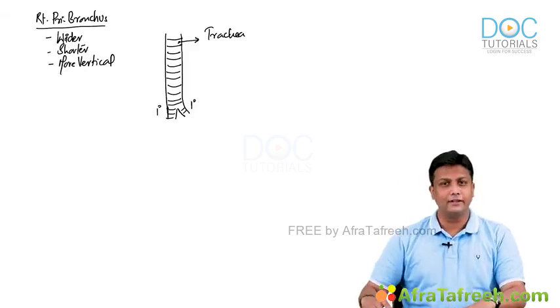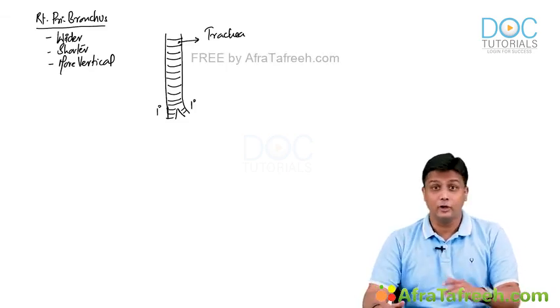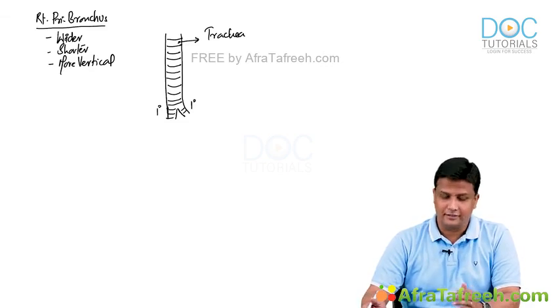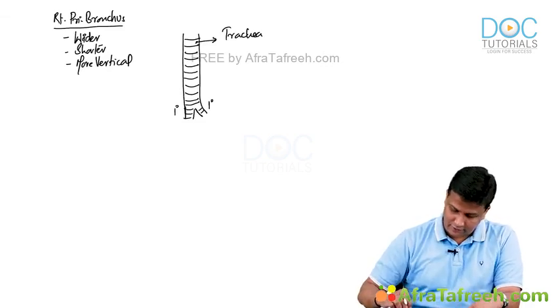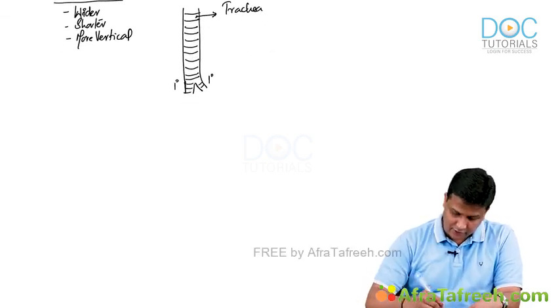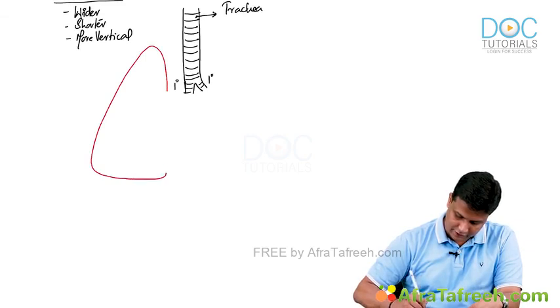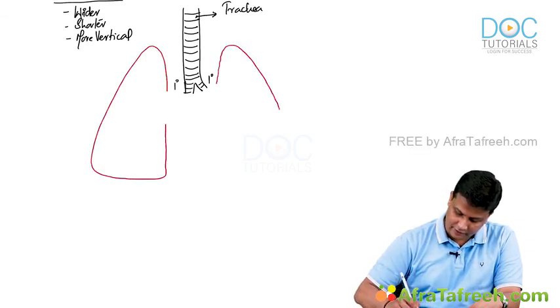Now this primary bronchus is the one which will enter into the lung, and obviously the right primary bronchus will enter into the right lung, and the left primary bronchus will enter into the left lung. So let's do one thing here. Let us try to incorporate our lungs over here. So this one here will be your right lung, and this one here will be the left lung here, guys.